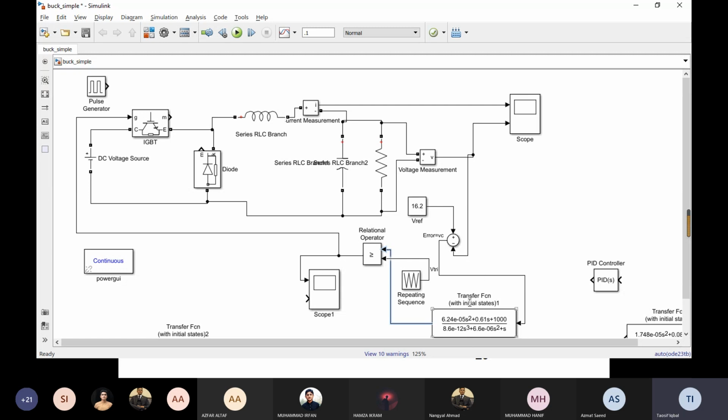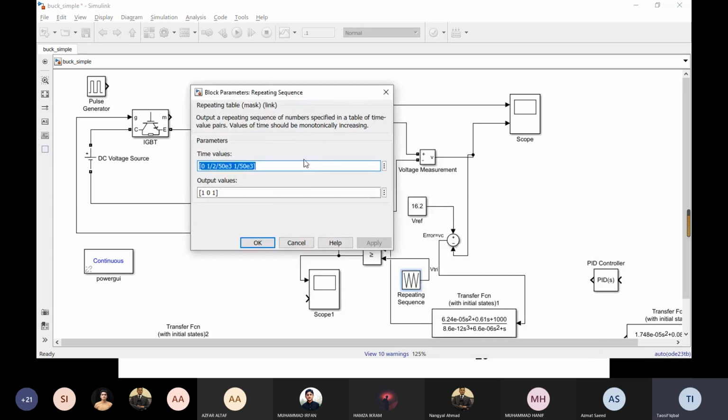Then we use a transfer function, which is basically a modified PID. How we get that, we'll discuss in a while. We compare the output of the controller with the triangular waveform, and this is how we have the triangular waveform. It also has the frequency component, because in our case the frequency we have fixed as 50 kilohertz. So we give the time information and output values.